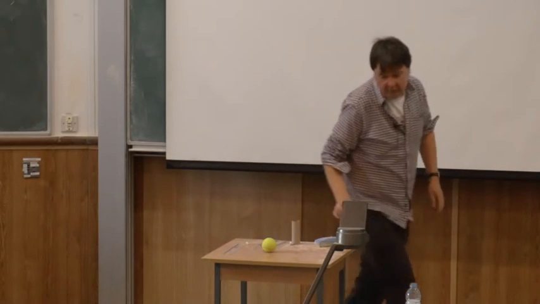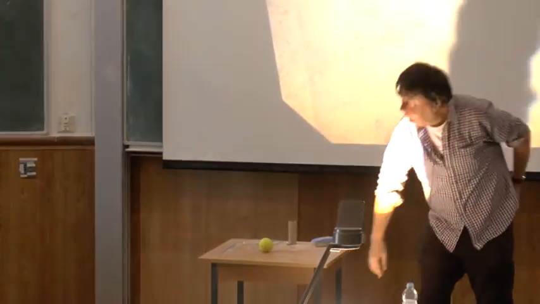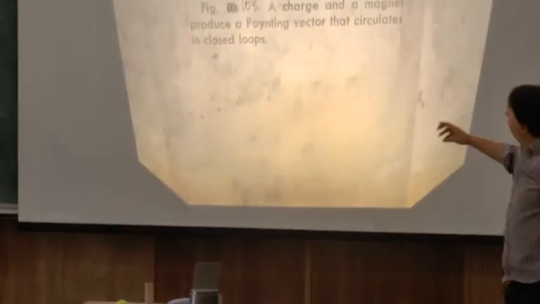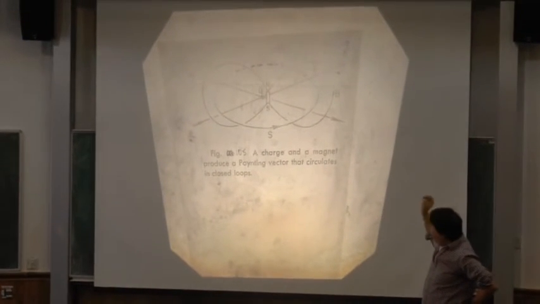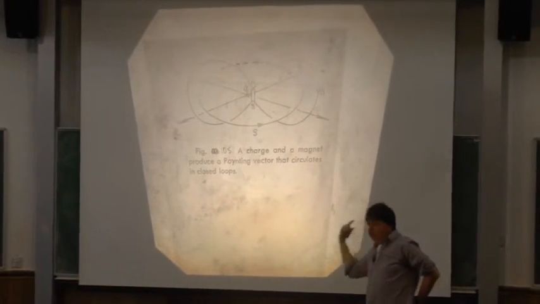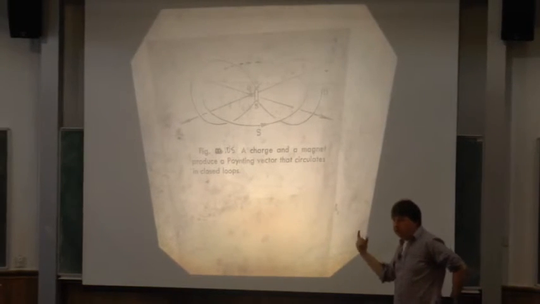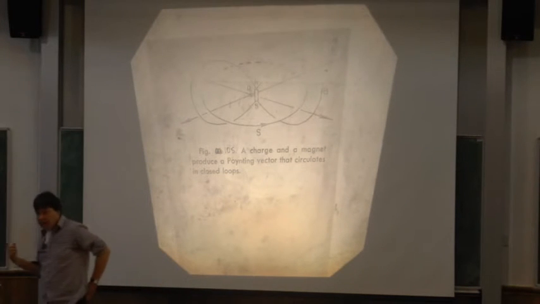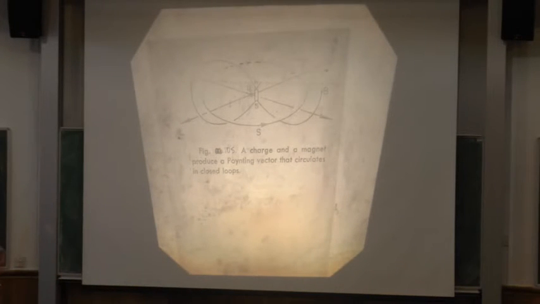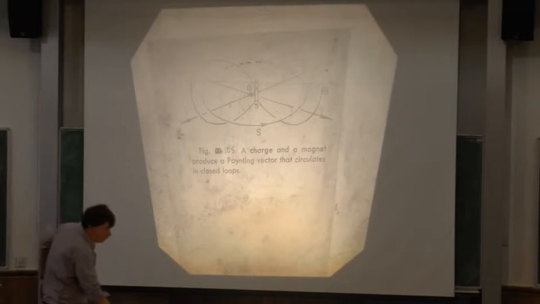So this is the slightly strange situation, that we've got a static bar magnet and a static charge, but we have got a Poynting vector that is flowing round in circles. So there appears to be a circulation of energy in the electromagnetic field in an entirely static situation.